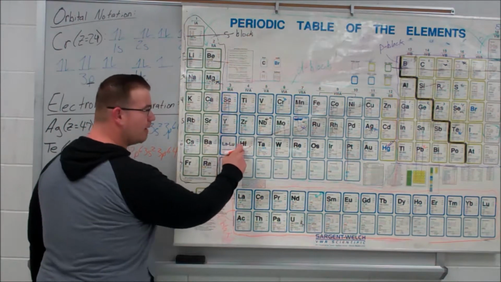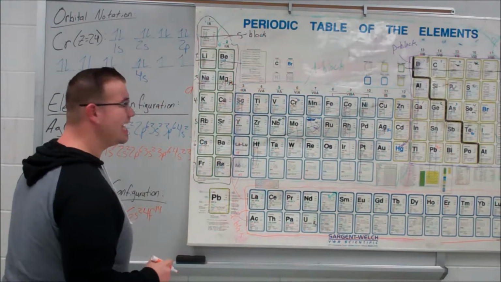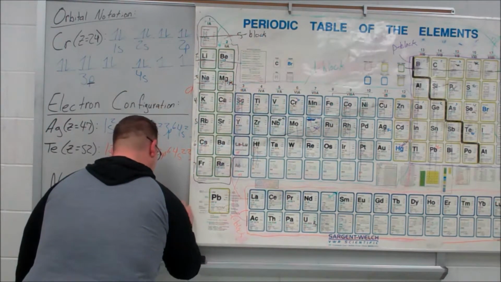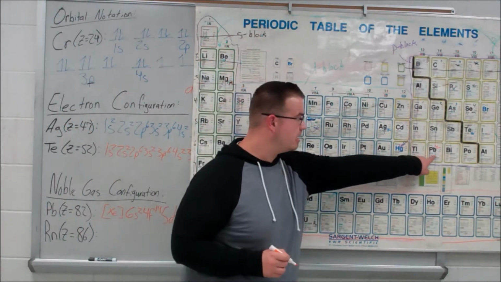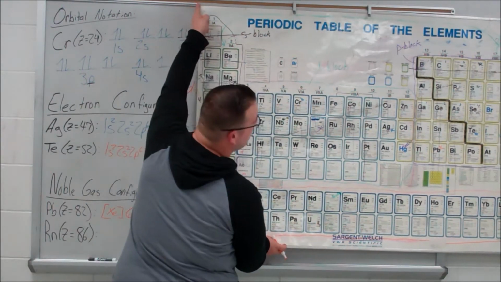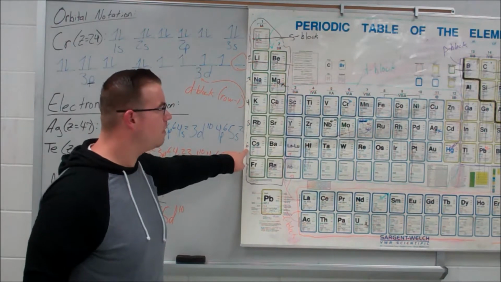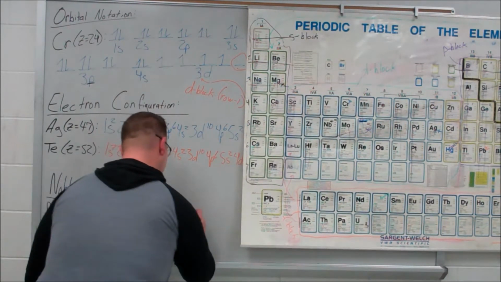And then we'll come back up here to the D block. Now when we come back up here at the D block, it'll be the 5d, and it is full as well. I know that because lead ends in the P block. So I go on down and I can see that I'm in the 6th row in the P block, so I know I'll end at 6p.